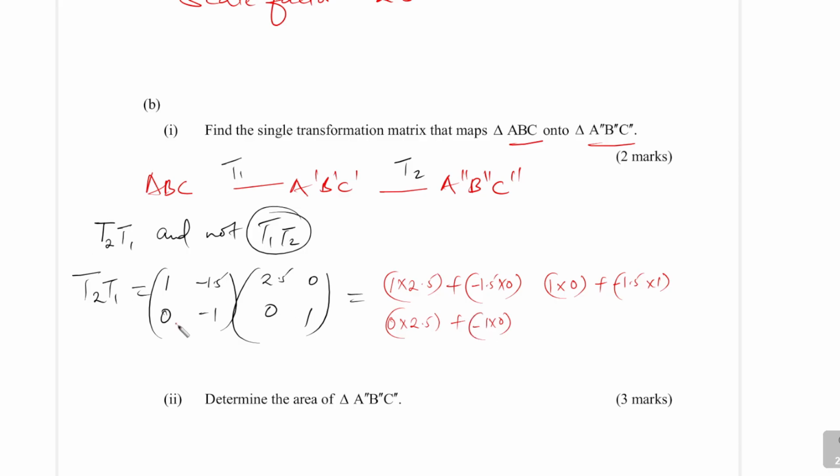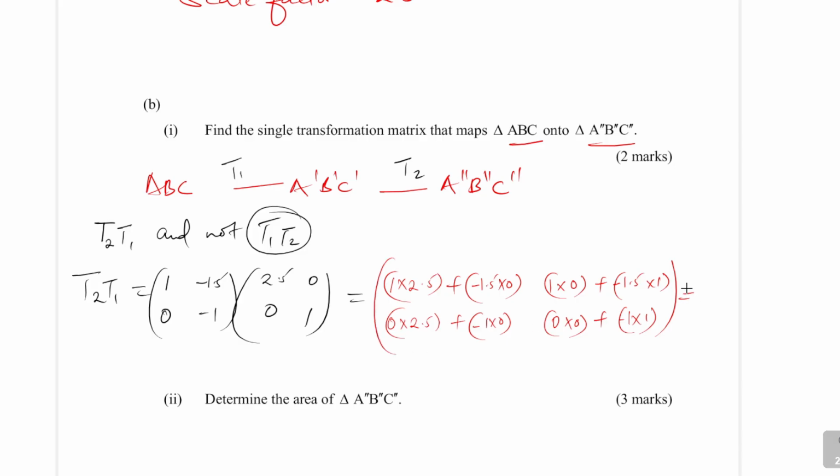And the last one, we have row 2, column 2: 0 times 0 plus negative 1 times 1.